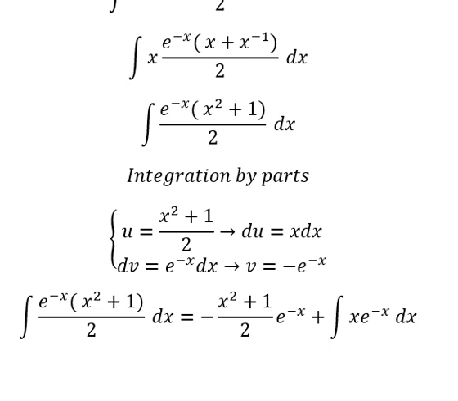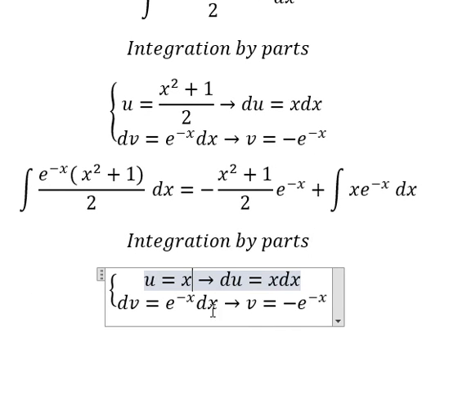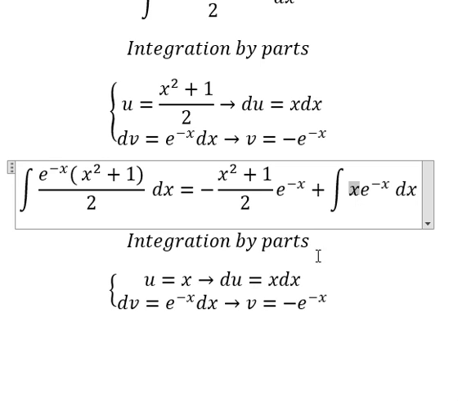Now we can use integration by parts again, and this one is s.